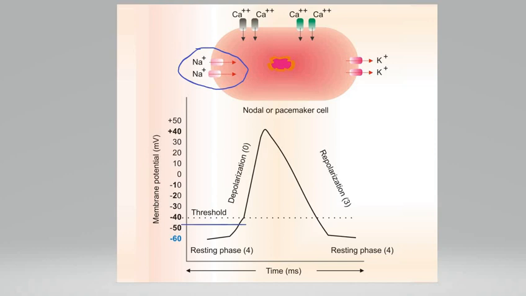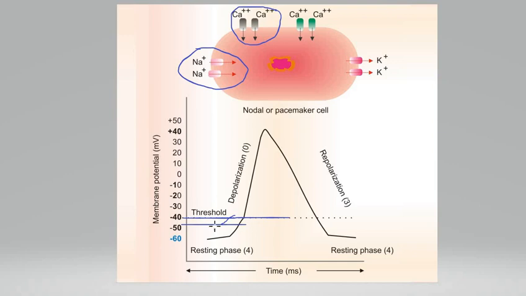Once the intracellular voltage reaches -50 or -55 millivolt, it triggers the opening of T-type calcium channels, and here calcium ions move slowly inside the cell and intracellular voltage rises up to -40 millivolt. This point is called the threshold.